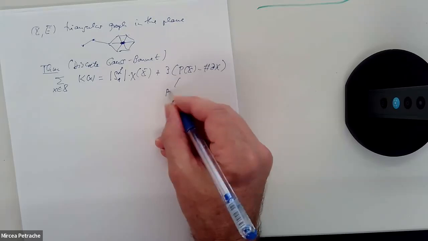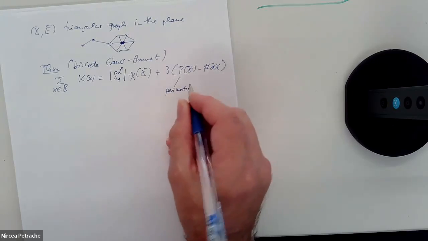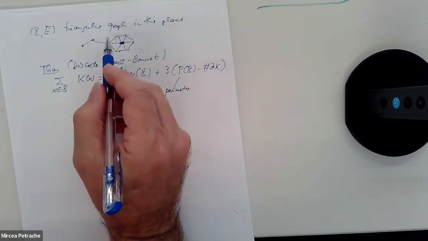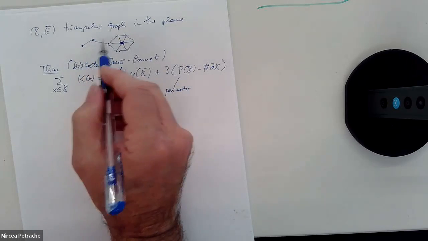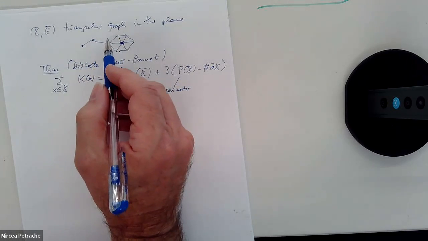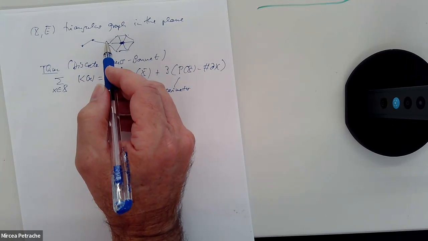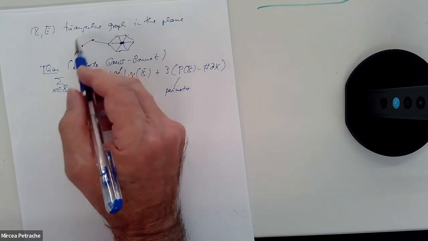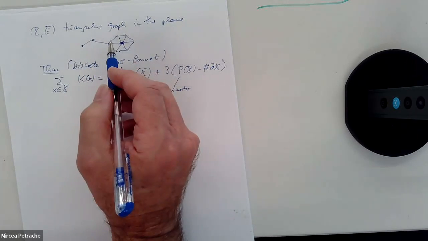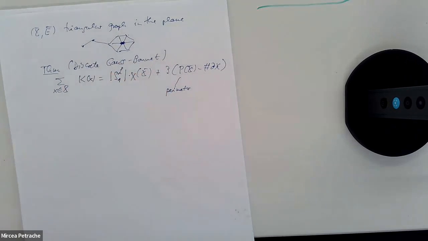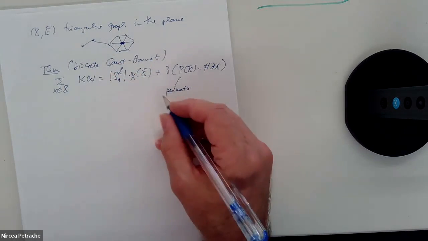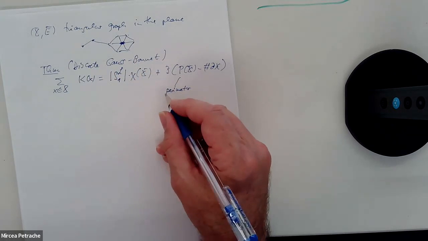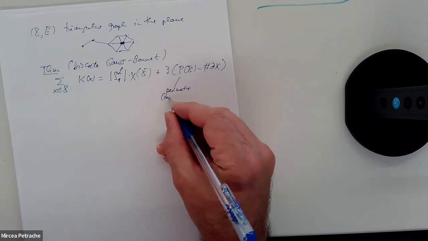So this here is the perimeter, where we have to be a bit careful when we have something sticking out. The perimeter should be taken in the sense of geometric measure theory, as the inf of the length of the shortest smooth curve that surrounds the object. That means the wire edges need to be counted twice.